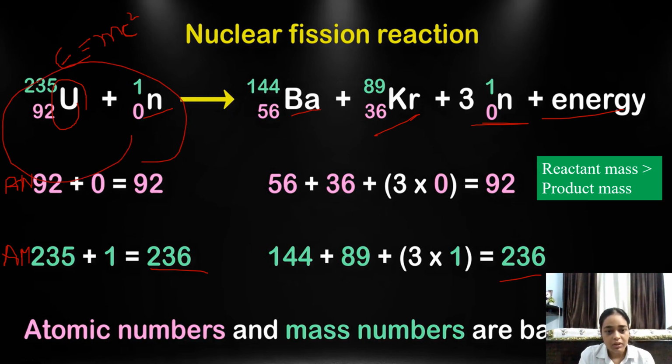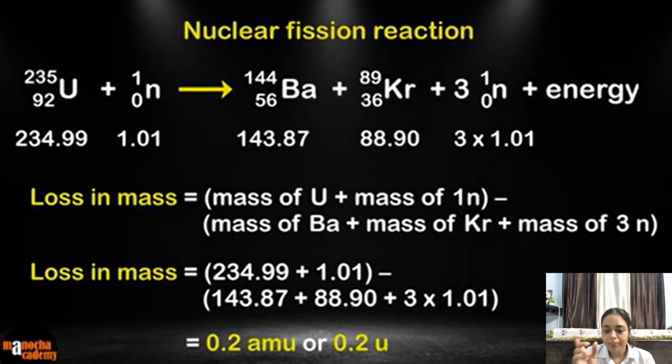But we have found that the mass on the reactant side, the left-hand side, is higher than the mass on the right-hand side. So we subtract those masses, and we get 0.2 AMU, after putting all the values up to 2 decimal points. So 0.2 AMU of mass is lost.